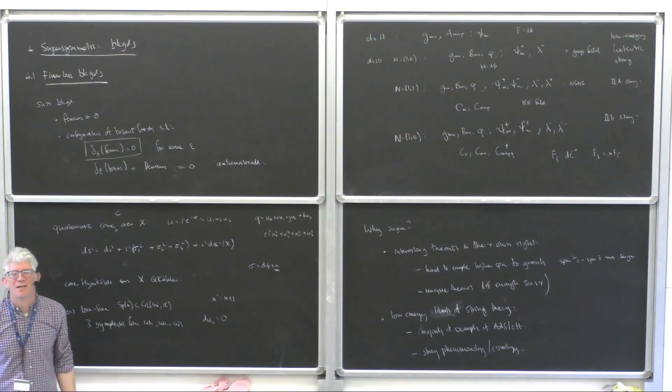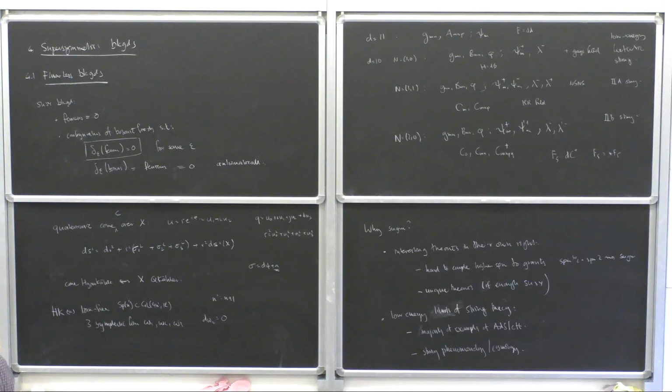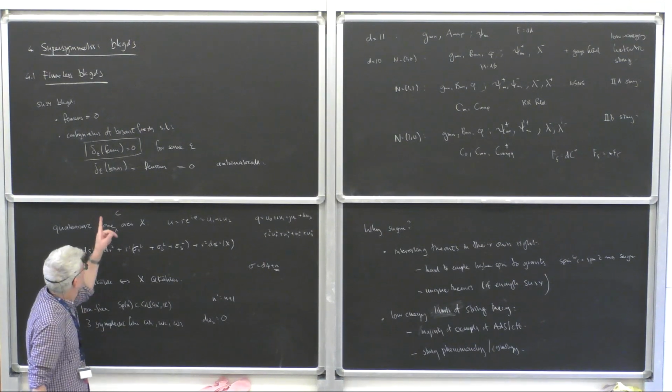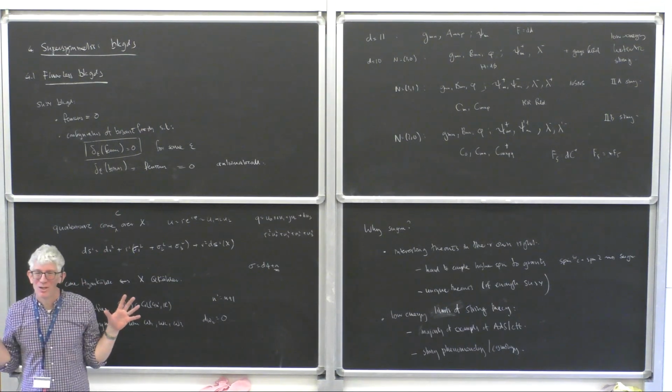Say that it's supersymmetric in the sense that it doesn't change the solution. So that's tricky because, for example, we can't set the metric to 0.